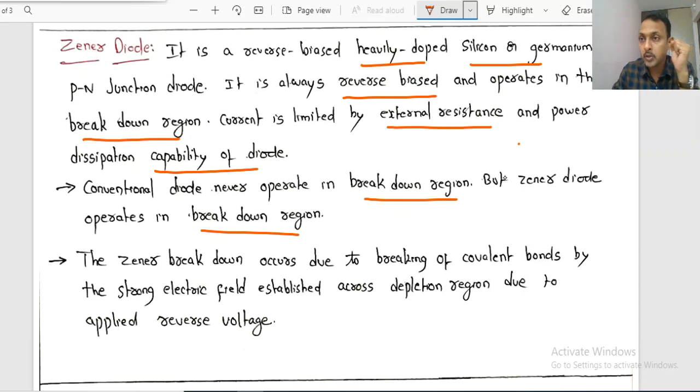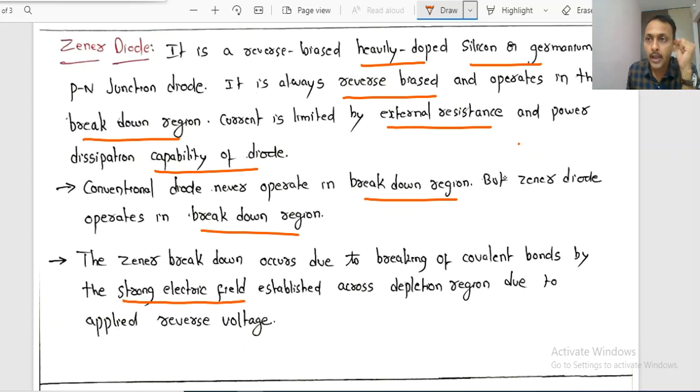With respect to the diode, we have two types of breakdowns: one is the Zener breakdown and another is the avalanche breakdown. Zener breakdown is mainly due to the reverse bias voltage applied across the depletion region, which establishes a strong electric field.